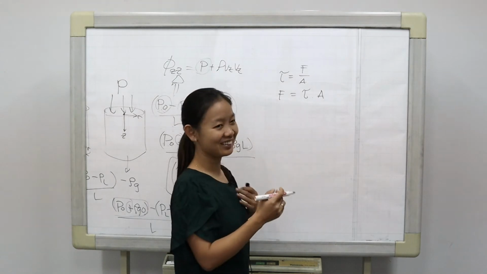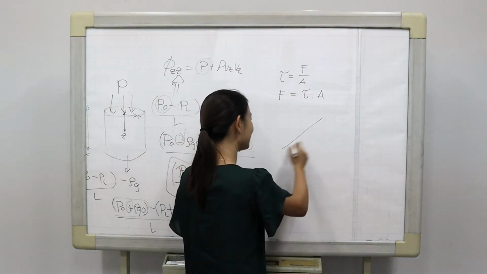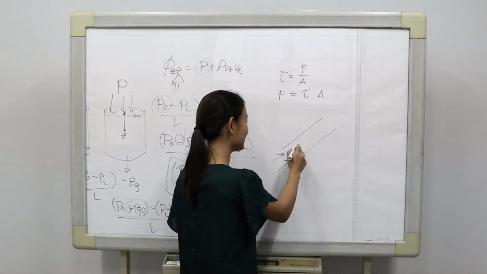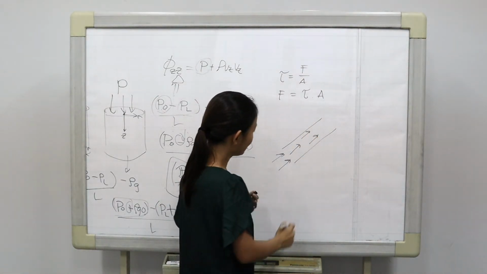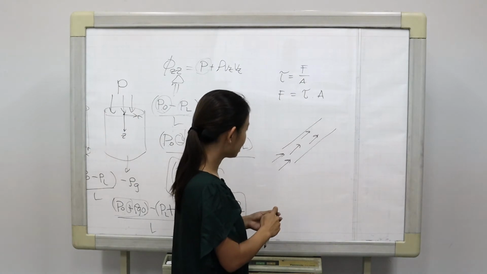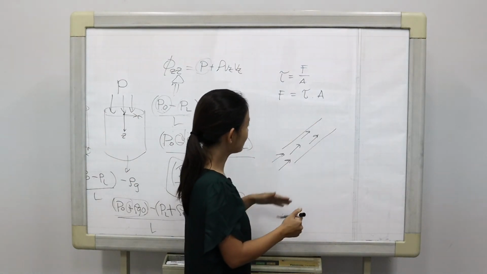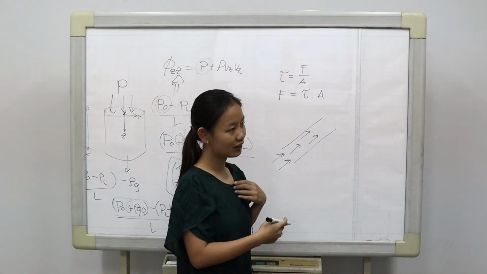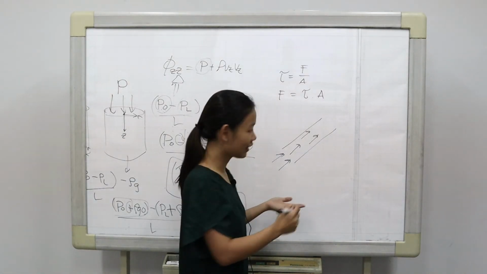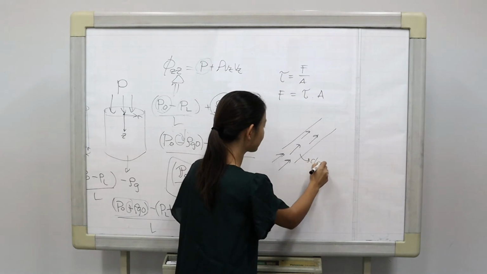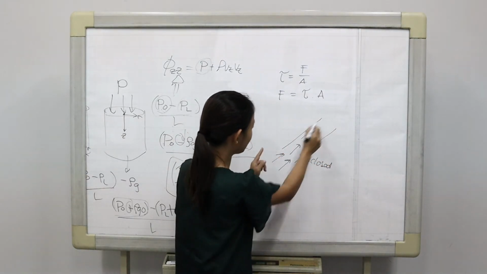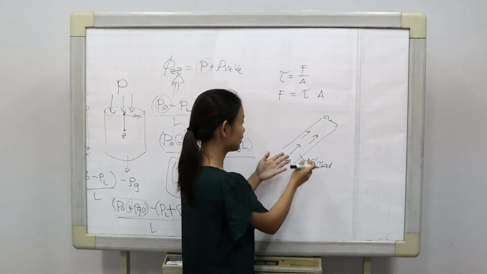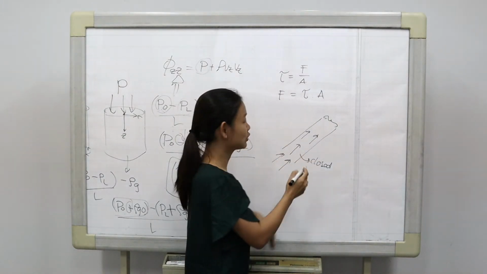I cannot remember last week's quiz, sorry, but maybe it is something like this. The fluid flows upwards in this direction between two plates, and I think it is considered a closed system, because the distance between the two plates is so thin.